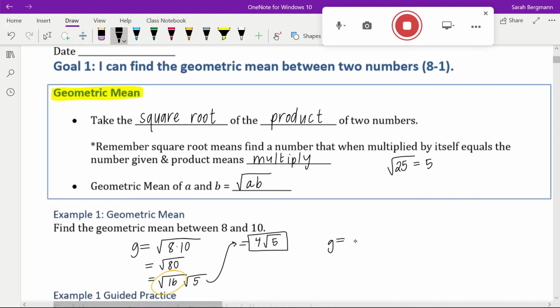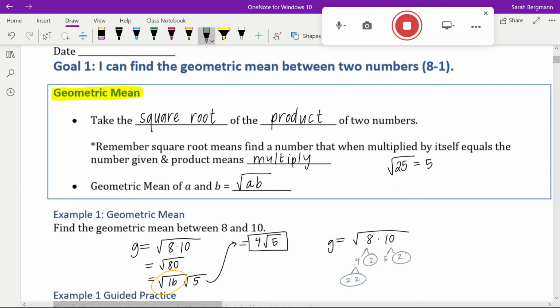Another way I could approach simplifying this problem is to break it down into its factors. So if I build a factor tree for these two factors, I see that I have factors that are repeated. I have 2 times 2, and again I have another pair of 2's.